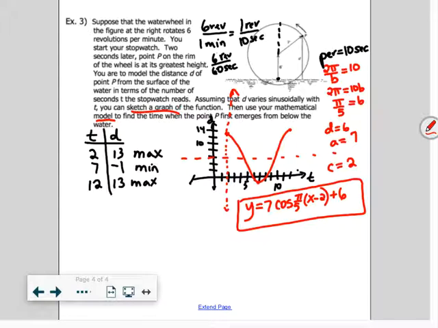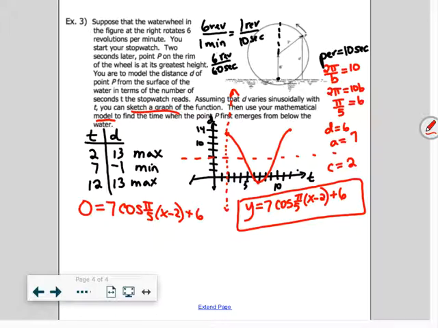Well, let's stop and think about what we've been doing. Aren't these 2 points the x-intercepts, right? They're where y, or in our case d, is 0. Watch this beautiful stuff. This is 0 equals 7 cosine of pi over 5 times the quantity x minus 2, plus 6. And guess what?